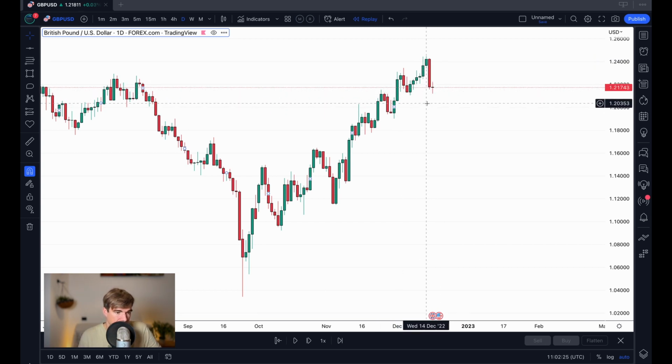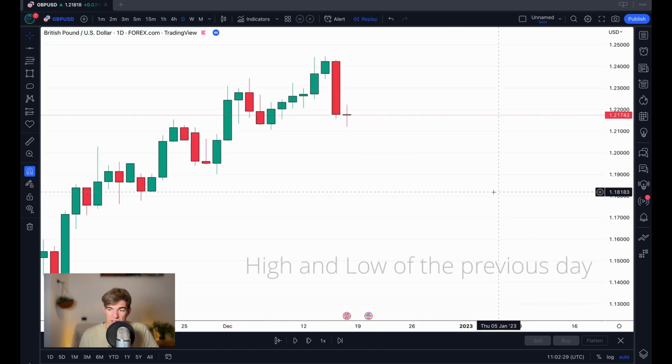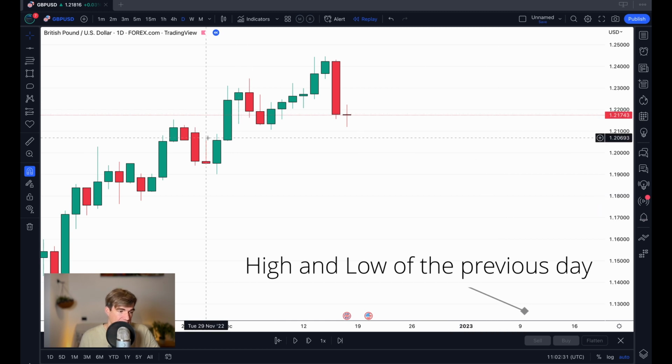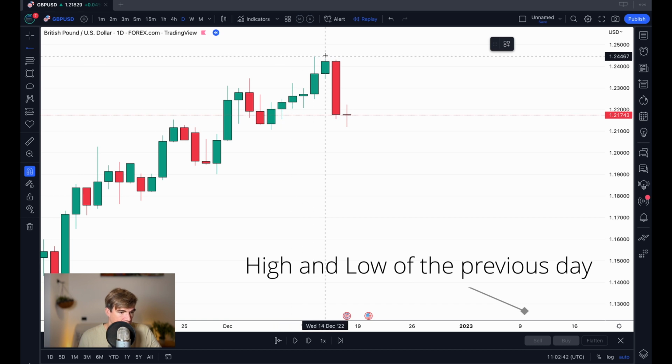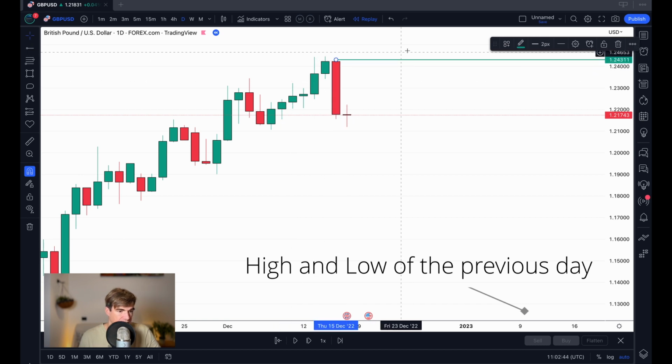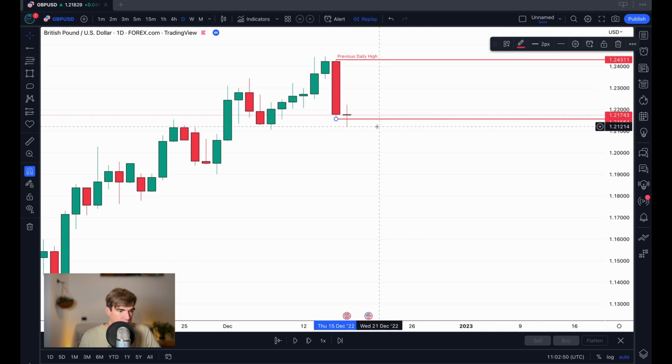So what I did is, with any ICT trading, the first thing you're going to do to create bias on the daily, you're going to create your buy side liquidity zone, which is going to be your horizontal array, the high of the previous day, daily high, and that is going to be your daily low.